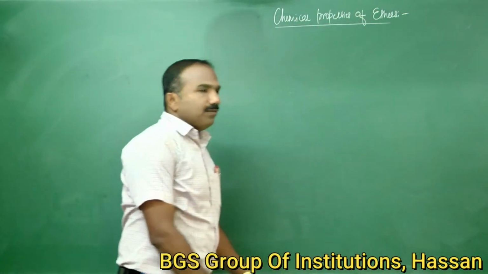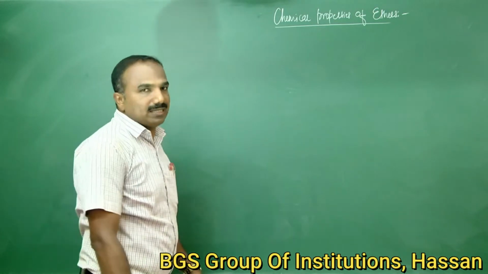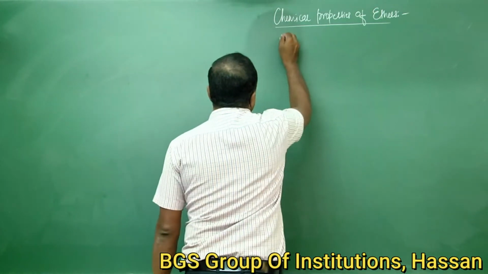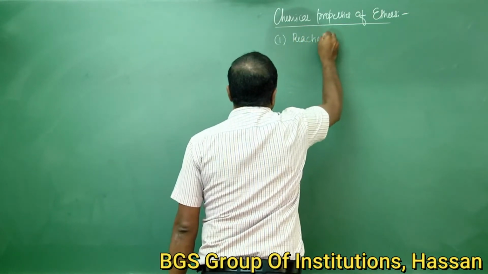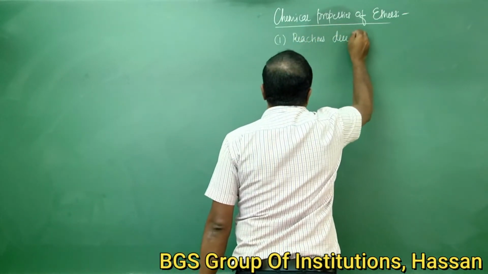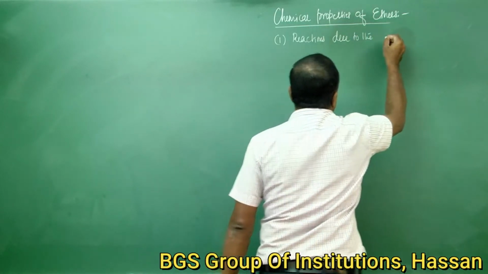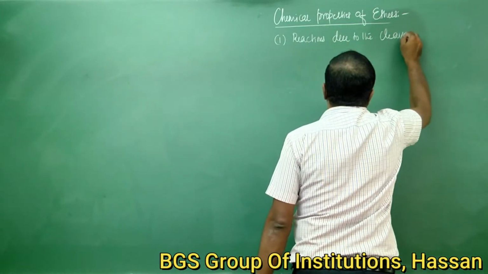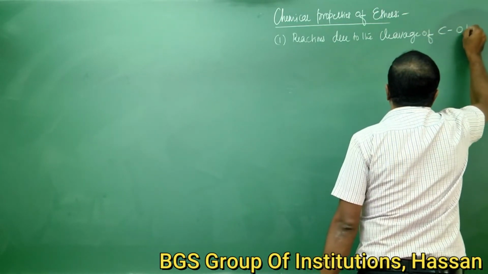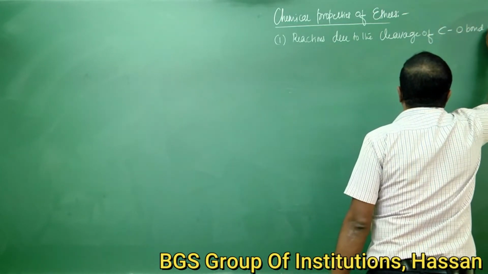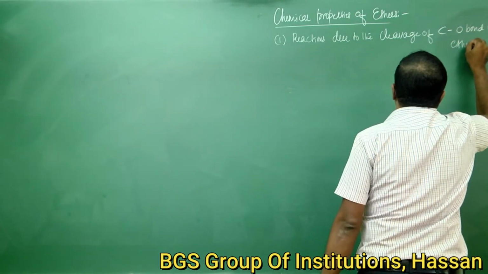There are two types of chemical reactions. First one, reactions due to the cleavage of carbon oxygen bond in ethers.